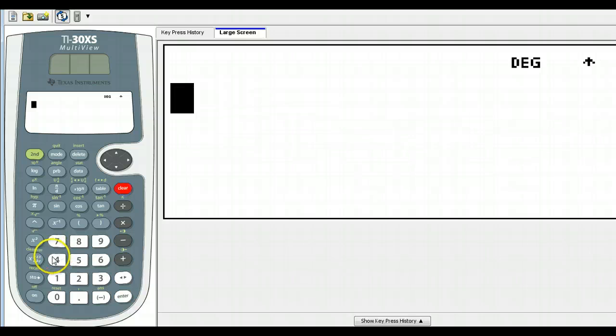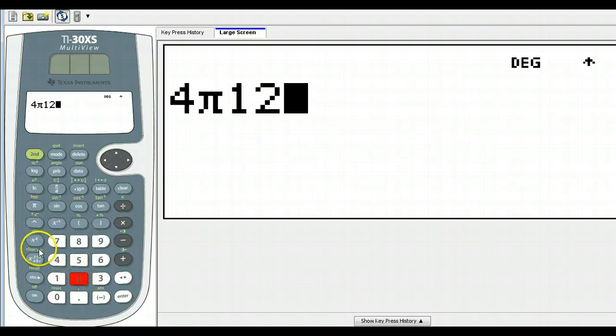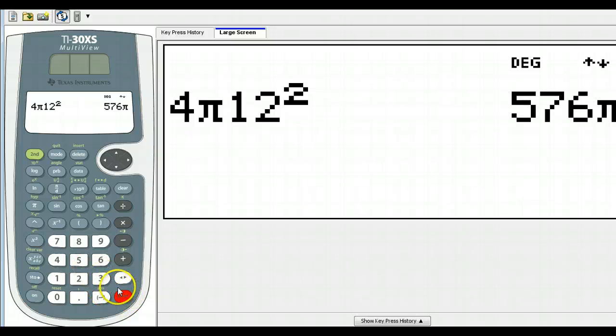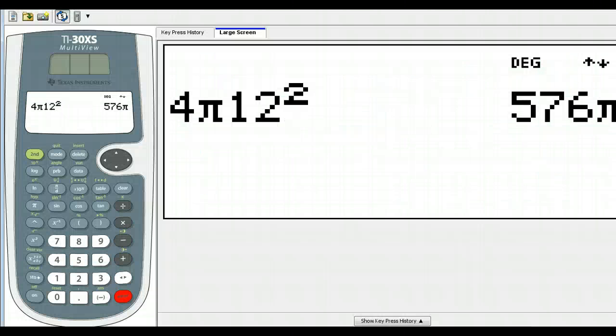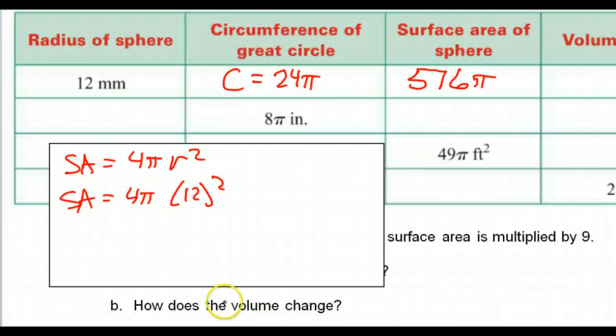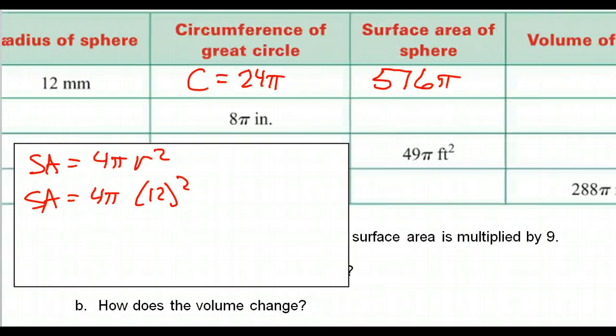Let's see what the calculator does for that. 4 pi times 12 squared. 576 pi. That's what my calculator does with that. Okay, 576 pi. Yeah, that's what I thought. Okay, that's fine and dandy.